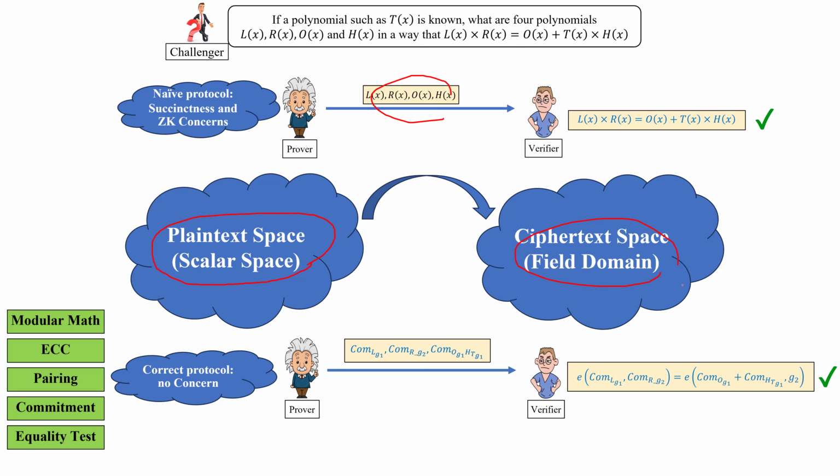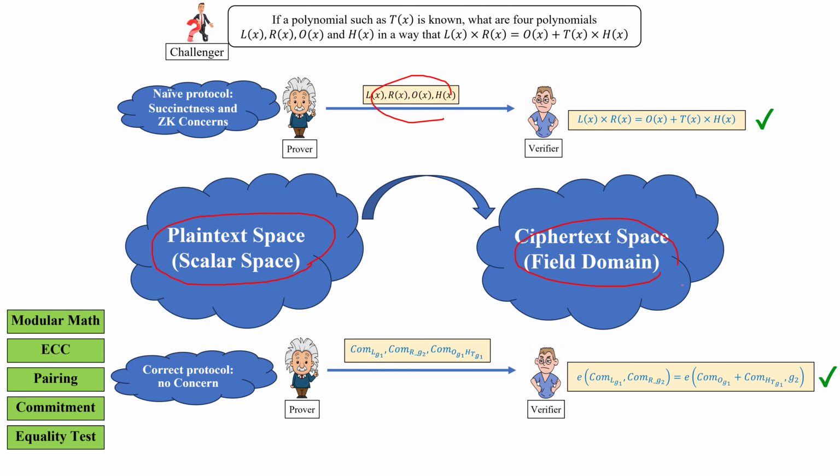So this means that if we switch from the scalar space into the field domain, the prover doesn't need to share the evaluation of the polynomial or the polynomial, and just shares the commit of the polynomial, and then using the pairing, the prover could convince the verifier, right?